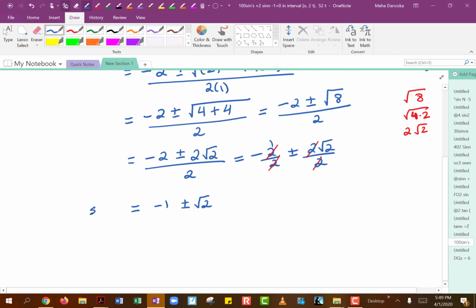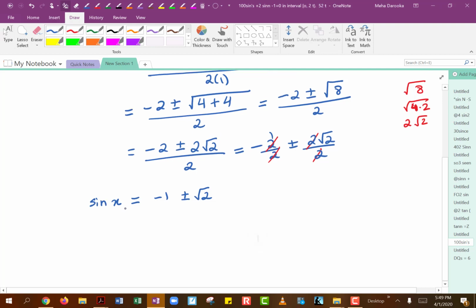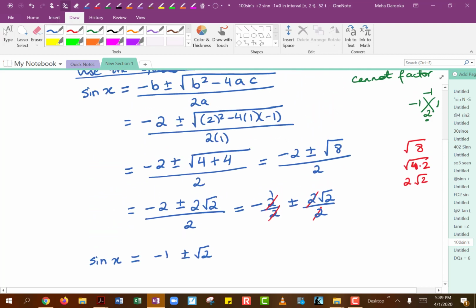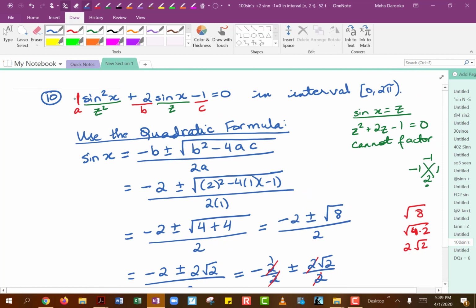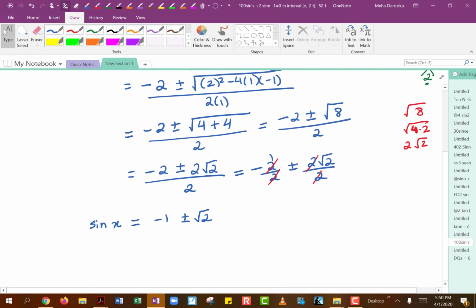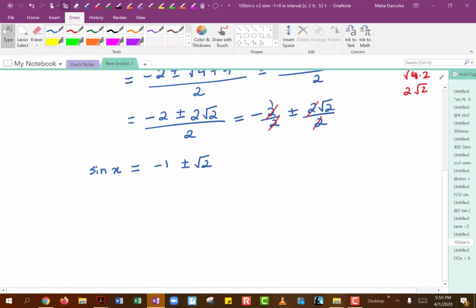So this is what our sine of x function is going to equal. Just using the quadratic formula and taking the coefficients from our given problem, we were able to find what our sine of x function is going to be.